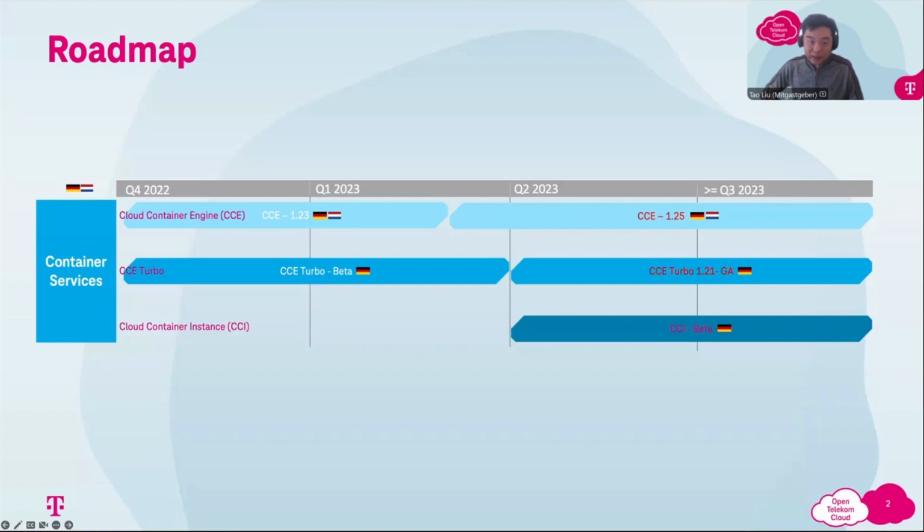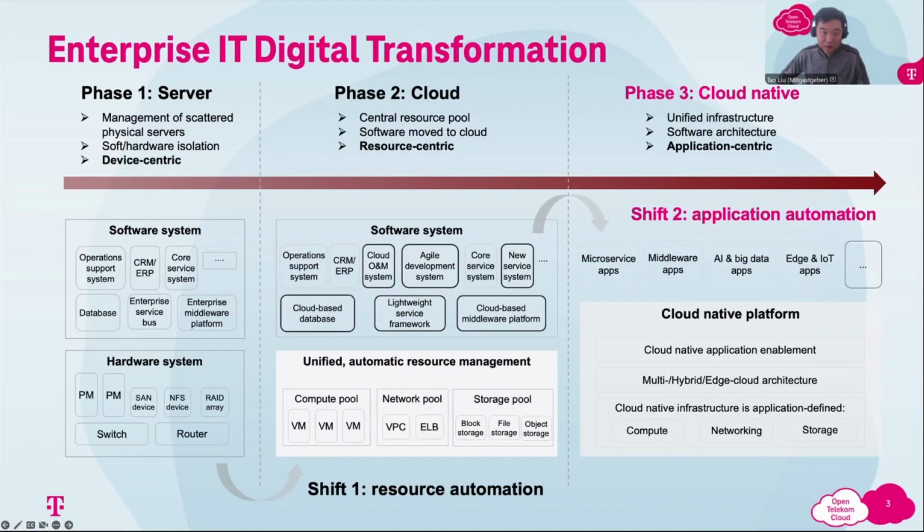A new serverless container service, CCI, Cloud Container Instance, will go live as a beta product next quarter. To help you better understand what's coming up, I would like to start with some background information.